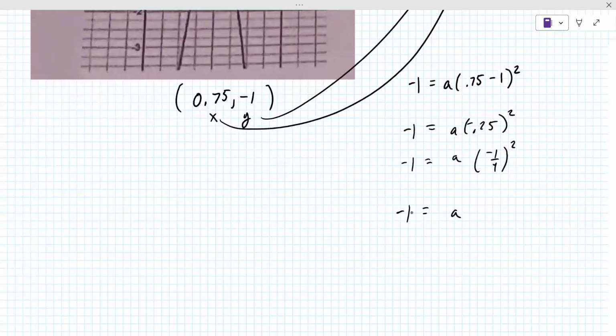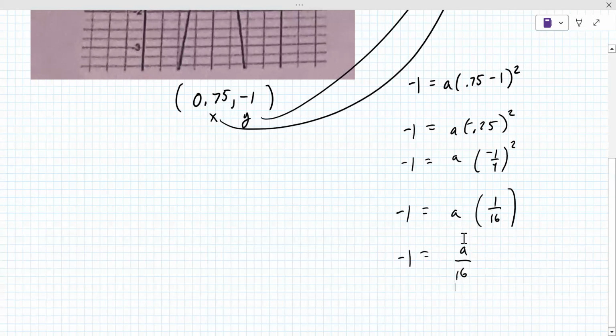So this is (-1/4) squared, which is 1/16. How do you solve for a now with this 1/16? Another way to write this is a over 16, because a times 1 is 1a, and then there's a 1 on the bottom that goes with the 16.